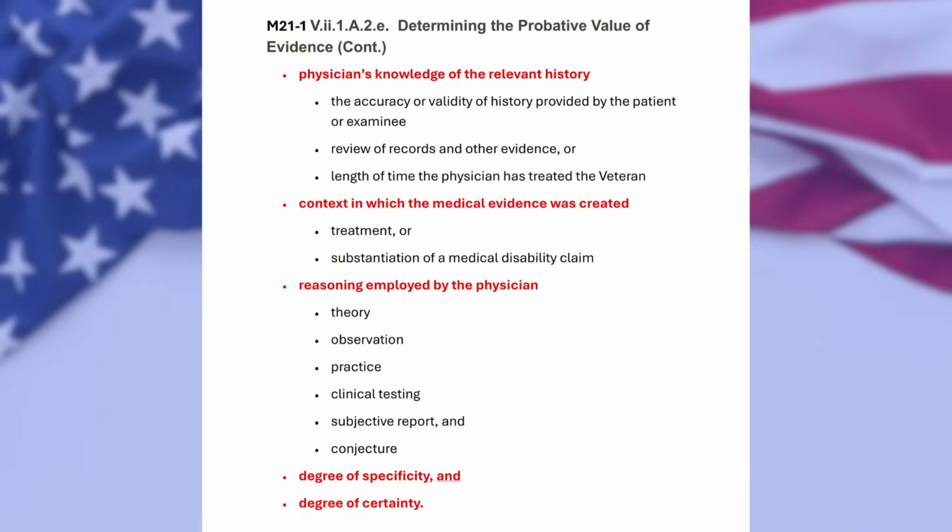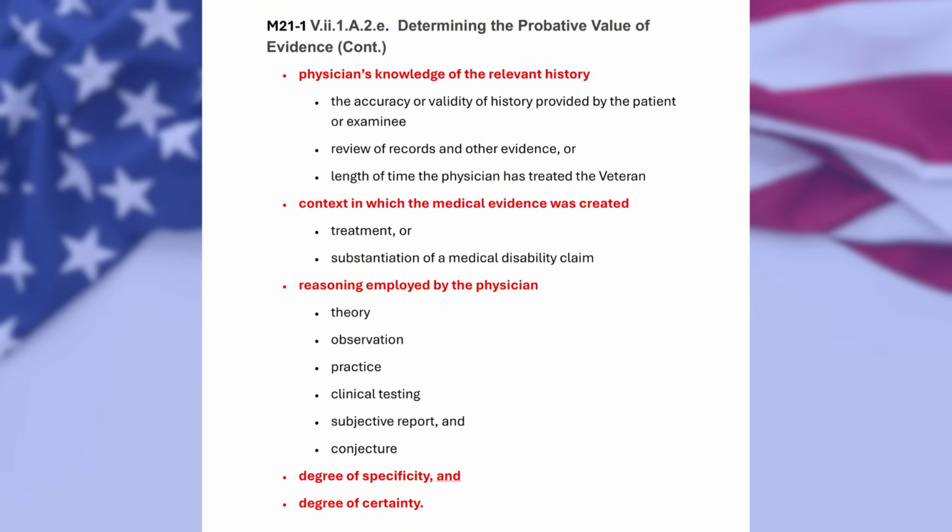Here in slide number 5, determining the probative value of evidence. Physician knowledge of the relevant history, the accuracy, okay? History provided by the patient. Review of records and other evidence. I'm going to get to a huge example, so I know what you're thinking, bear with me. Length of time the physician has treated the veteran.